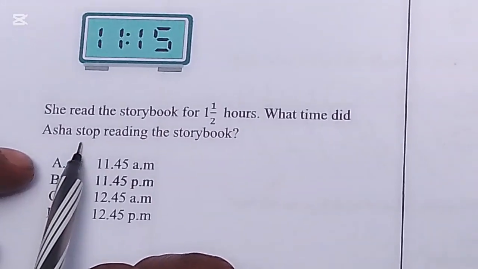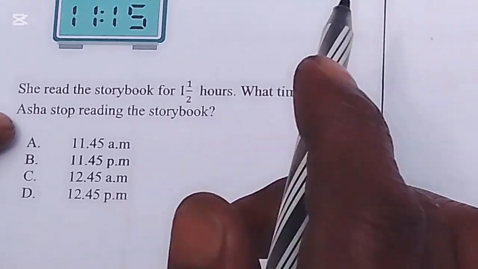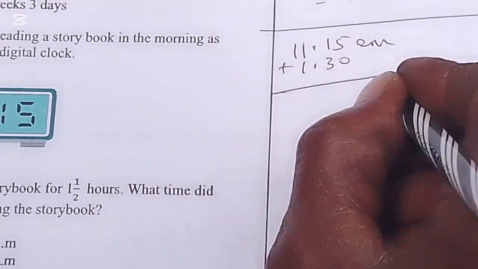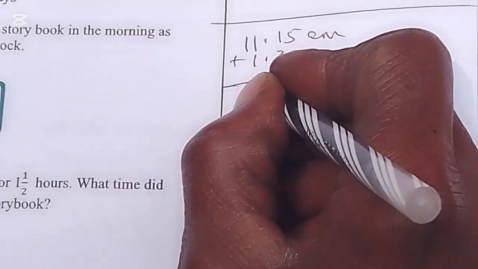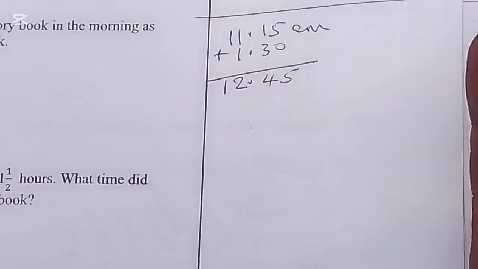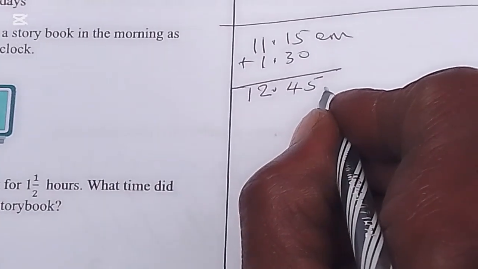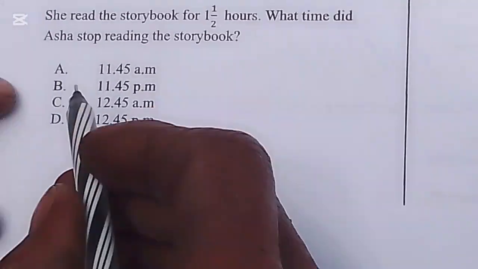What time did Asha stop reading the storybook? 1.5 hours is 1 hour 30 minutes. So we add. We get 5, 4, 2, 1. And because it is past noon, after midday, this is supposed to be PM. 12:45 PM.